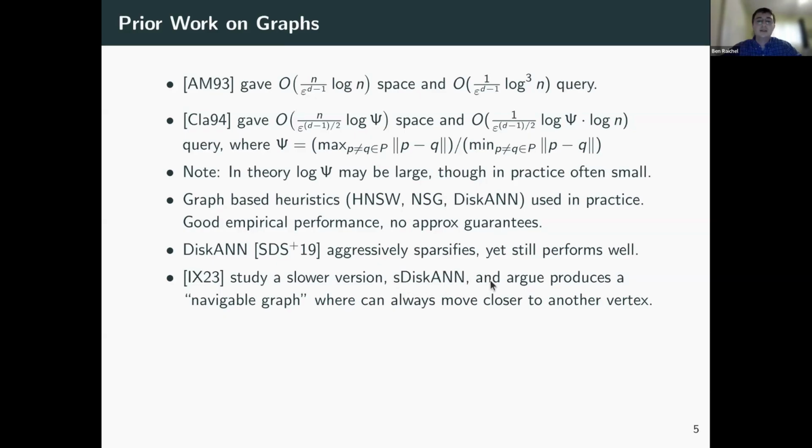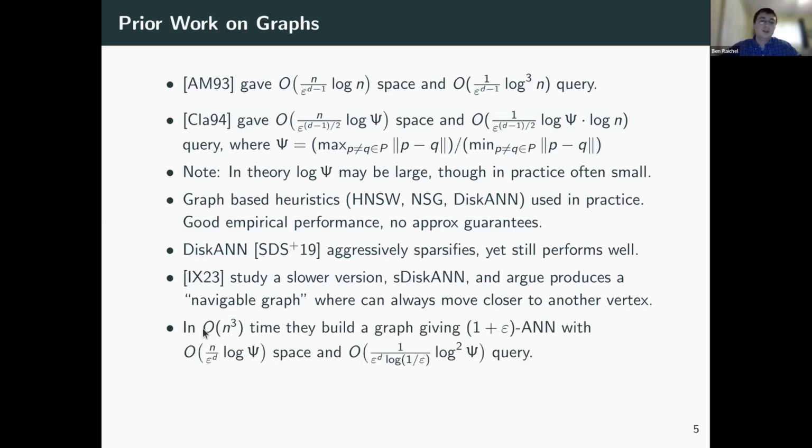And they argued that this version of DiskANN produces what's called a navigable graph, which I'm going to define formally, but navigable just means you can kind of go from any vertex either directly to another vertex or towards that vertex. Okay. So this version of S-DiskANN doesn't do this aggressive sparsifying. Okay, it does some sparsifying, but it's not as aggressive.